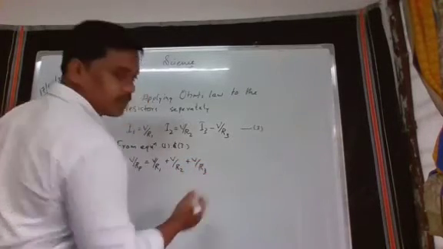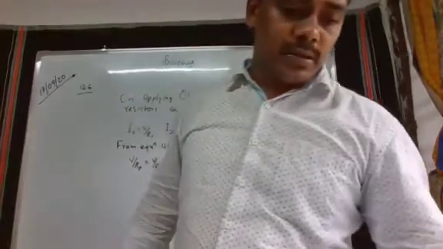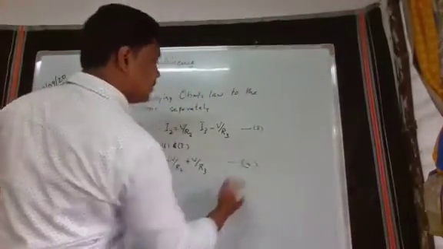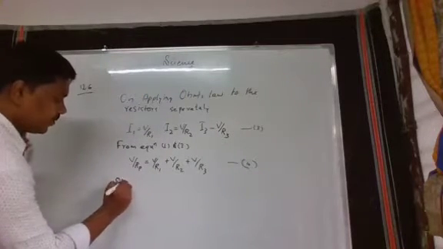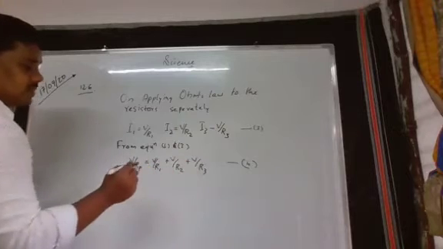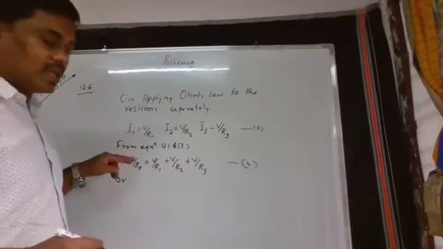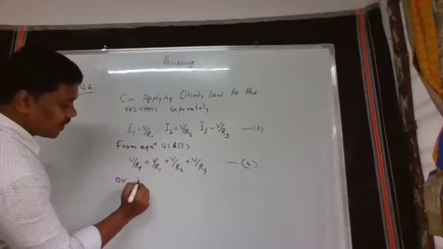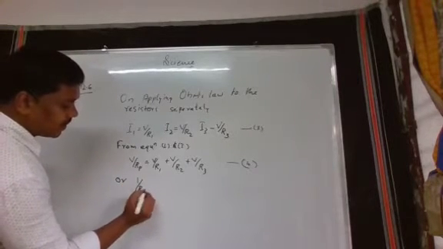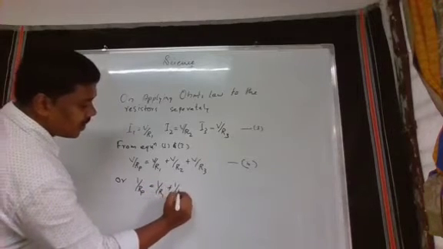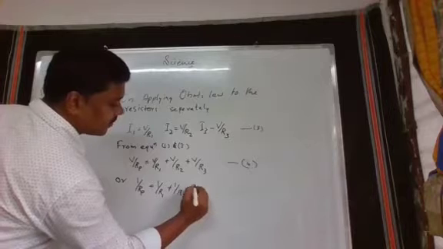On both sides V is constant, V is the same, so we cancel V from both sides, and we will get 1 by Rp is equal to 1 by R1 plus 1 by R2 plus 1 by R3.